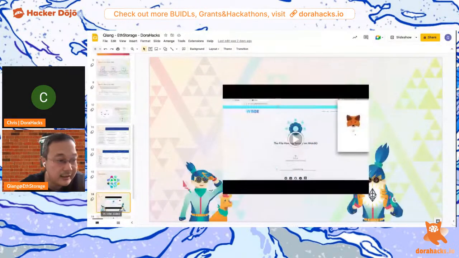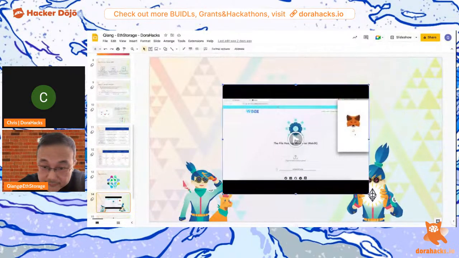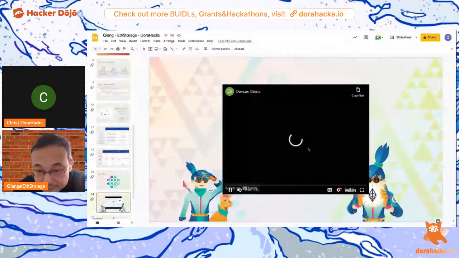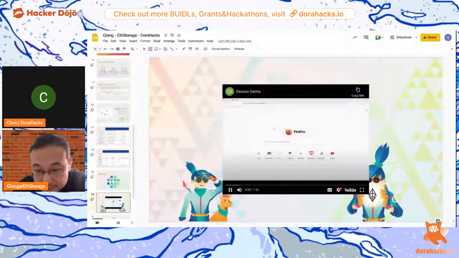So here I will give a very short demo. Okay. This is my Firefox browser that supports Web3 URL.